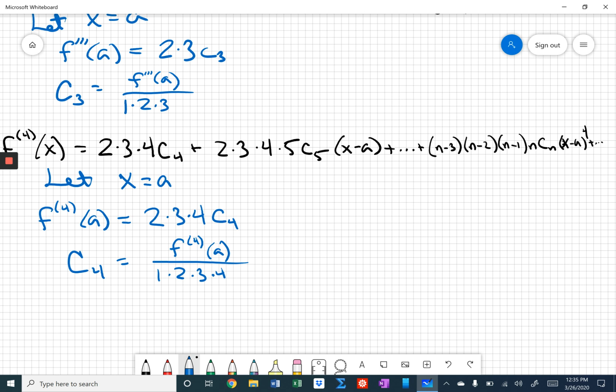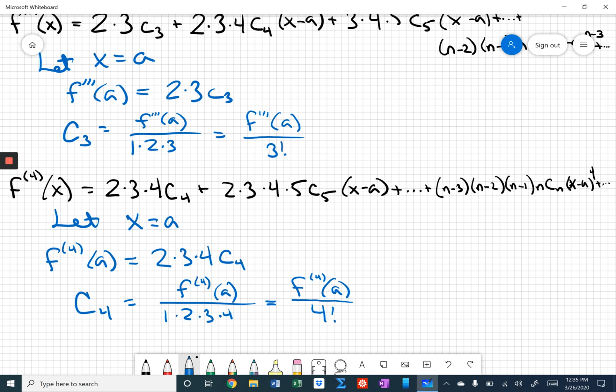Hopefully you recognize this already, but I'm going to put it explicitly now. 1 times 2 times 3 times 4 is just 4 factorial. And that's the same thing up here. The value of c sub 3 is f triple prime of a over 3 factorial. Does that hold up here?